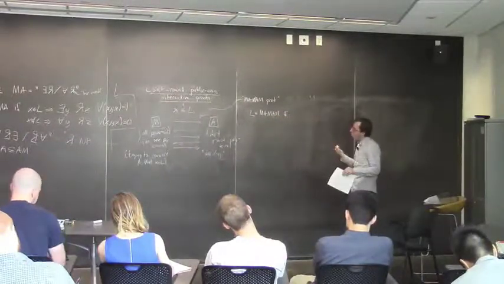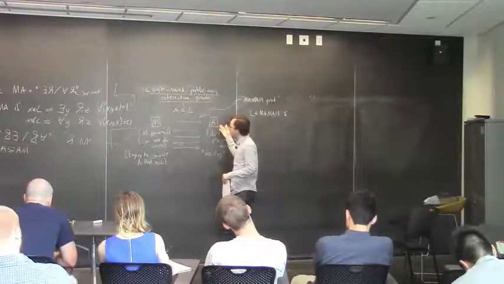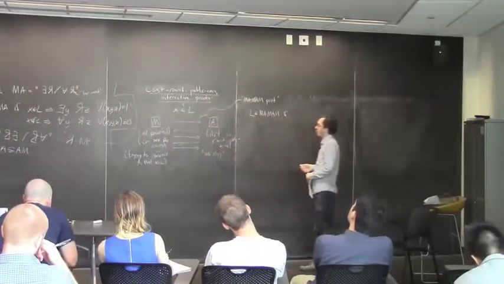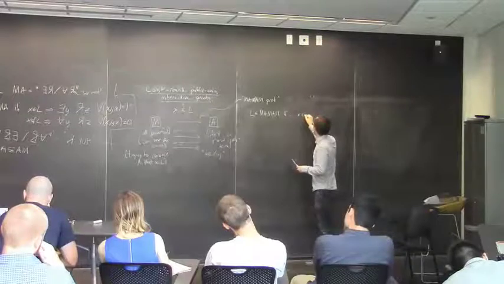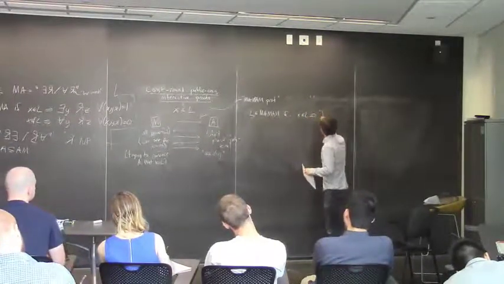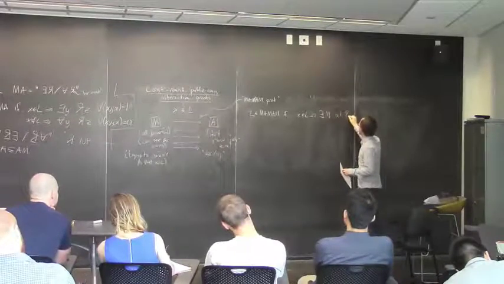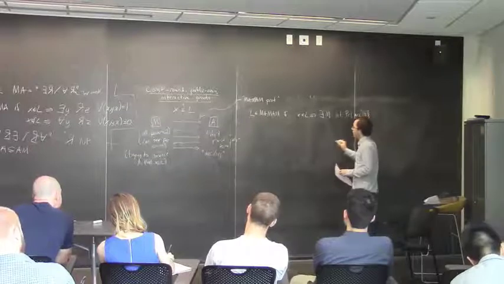For example, we'll say that a language L is in this class MAM if there exists a protocol like this, i.e., there exists a randomized Turing machine A here, and some answering person, Merlin, such that when X is in the language, there exists some Merlin that will convince Arthur, such that the probability that Arthur eventually accepts is at least 2/3.